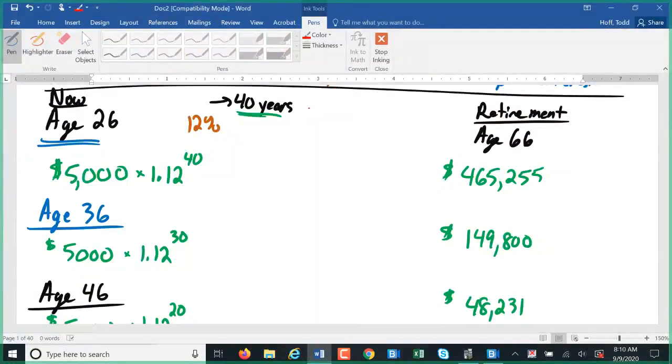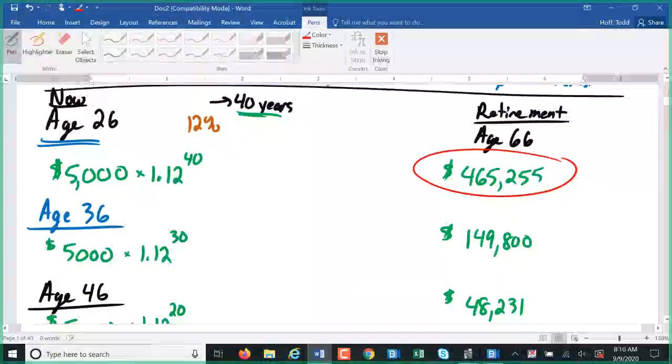Take advantage of it. Even if you can only put away $50 a month, put it away young and see the difference in growth. The person that started at 26, that one payment is almost 10 times the amount that the same $5,000 payment did for the person that was 46.